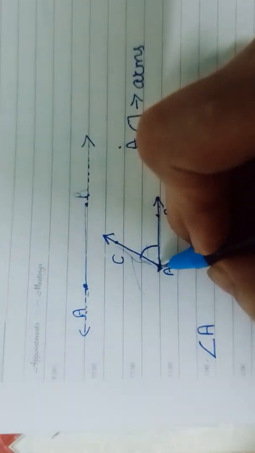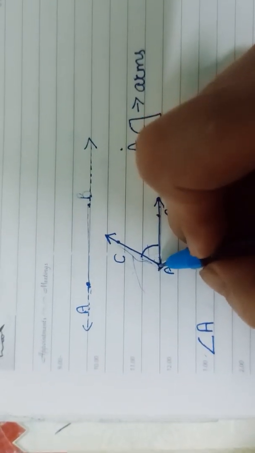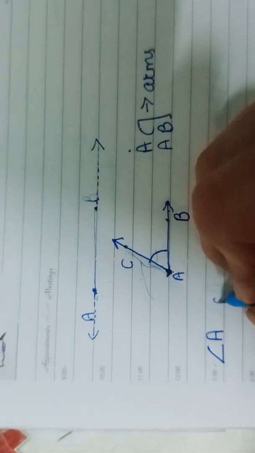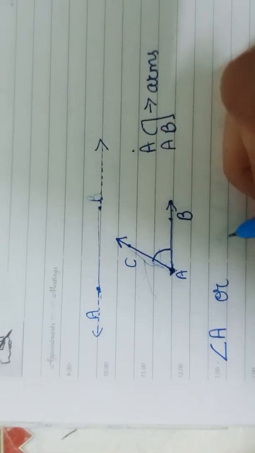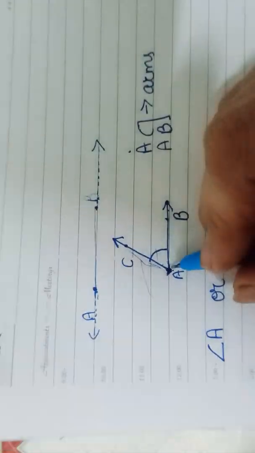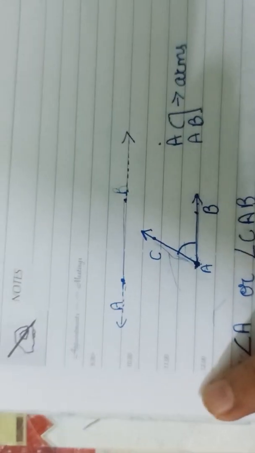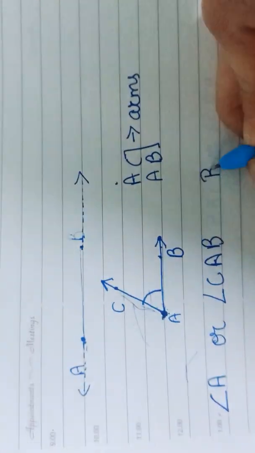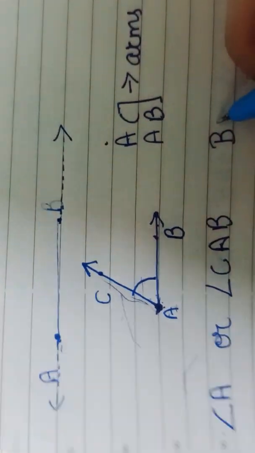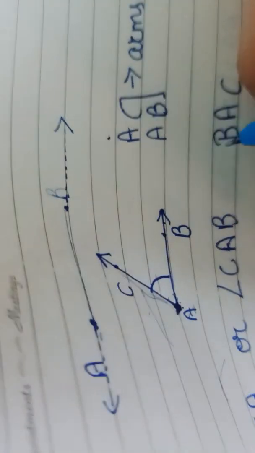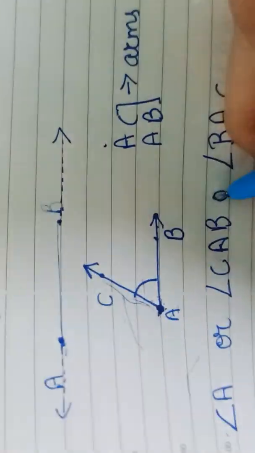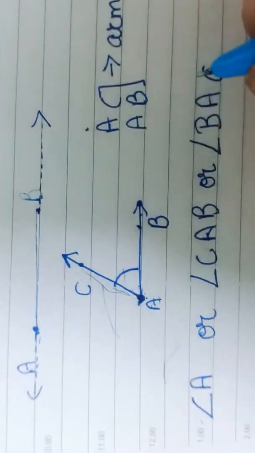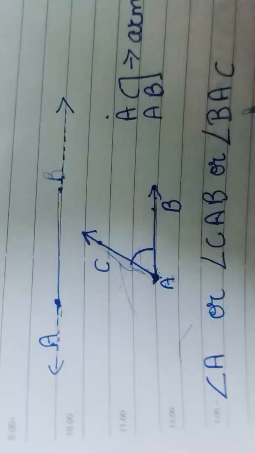We will denote angle by a single letter, which is the common point, or we can start from C. We can write C, then common point A, B. This will become angle CAB. If we start from B, we will write B, then the common point, and then C. This will be another way to write an angle.